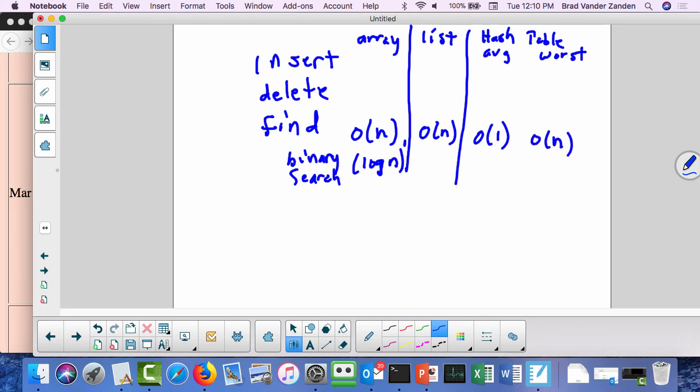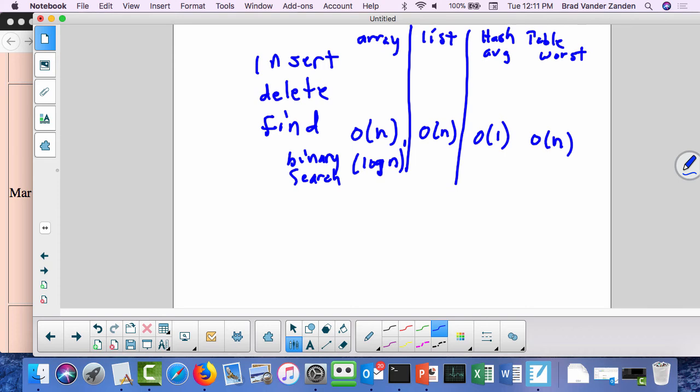So insert for an array, we just got through with that. How long does it take to insert into an array? Potentially, if you insert near the beginning, what do you have to do before you actually insert the item? Let's say you know that I'm inserting at position 3 and it's a 10,000 element array.